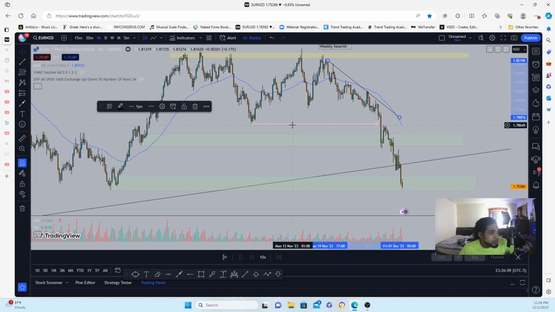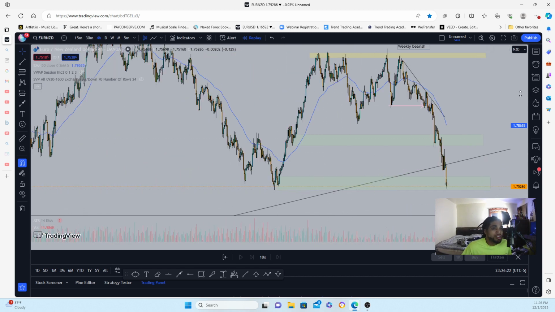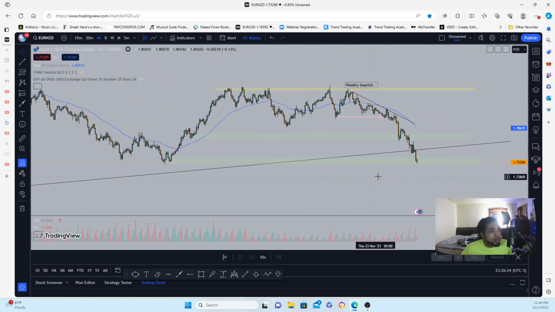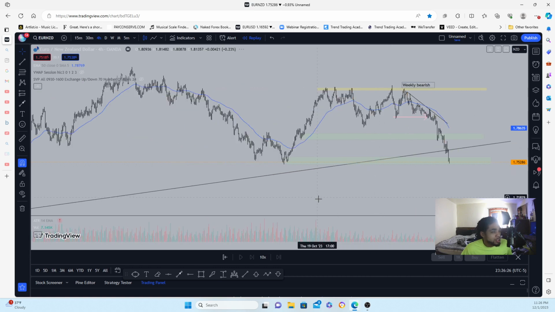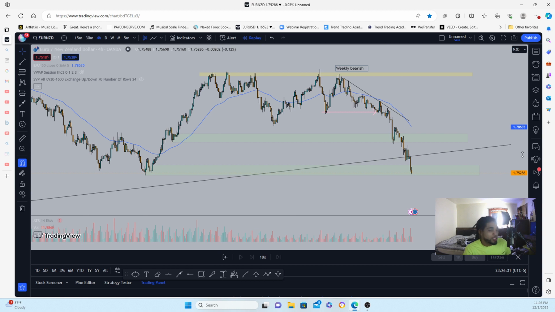Broke this one too, broke this one first. So I wouldn't really be looking at this area, but I do mark these areas just to see what's gonna happen. Right now, it's trending downwards, and that's why we didn't put any trade simulations there.